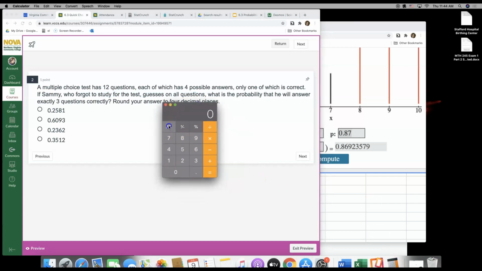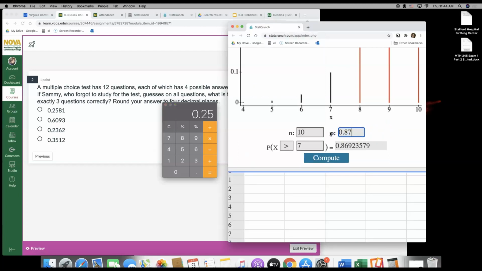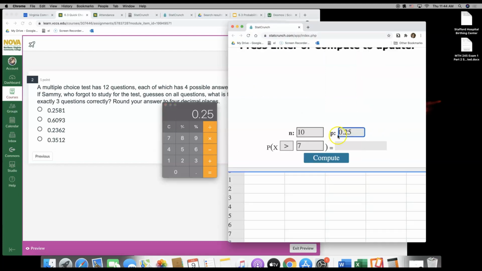Only one answer is correct out of 4, right? So what's the probability of him guessing and getting it right? 1 out of 4, right? So the probability of success is 0.25. It should be much higher, right? But Sammy never studied, so he doesn't know anything.